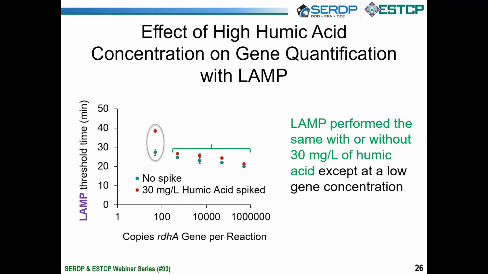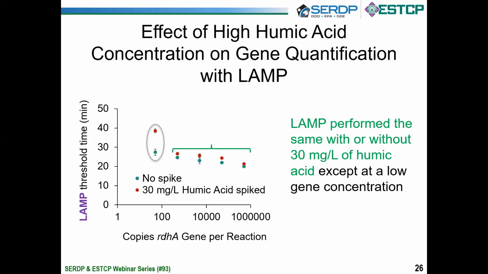An additional set of experiments focused on examining the impact of humic acid on different concentrations of the target gene when using LAMP. For this, we used a high concentration of humic acid and a range of RDHA gene concentrations. On the graph, the gene concentration is on the x-axis and the LAMP threshold time on the y-axis. The green symbols did not receive a spike of humic acid, whereas the red symbols received 30 milligram per liter.